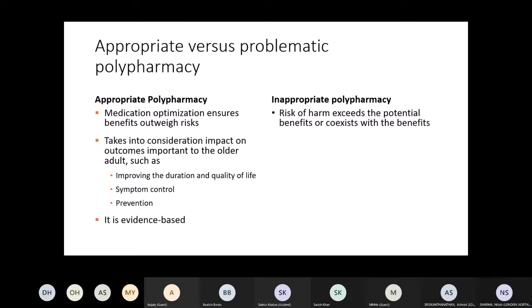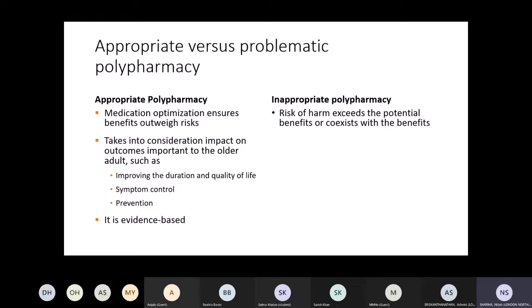And as I told you, improving the duration and quality of life is important. So sometimes continuing a statin for a 92-year-old patient won't probably affect the quality of life or improve any duration of his life. Then symptom control: is it controlling any symptom, or are we just continuing because it was a risk?